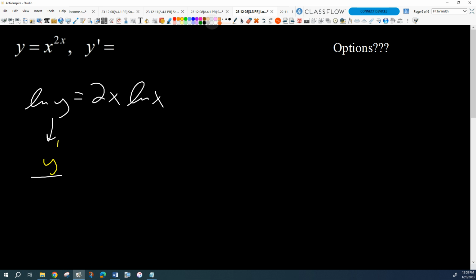Y prime over y equals, okay, now the right side, I got to differentiate the right side. No. 2 times x times 1 over x. Well, no, because you only had one term there, right?